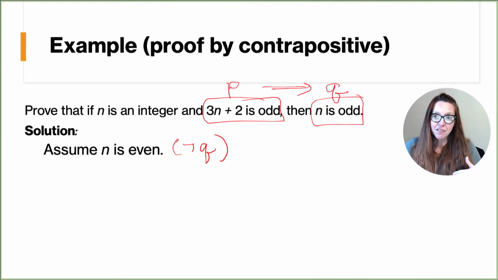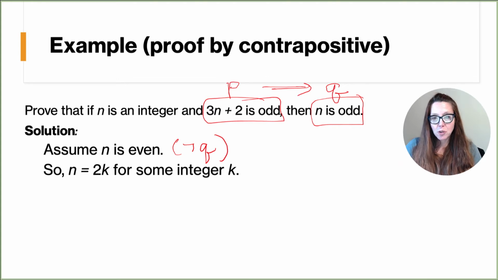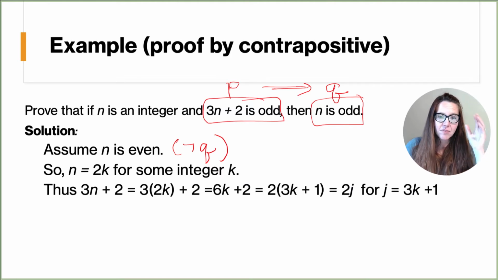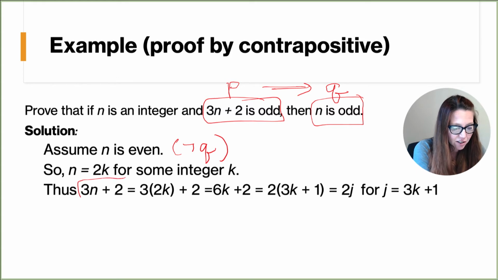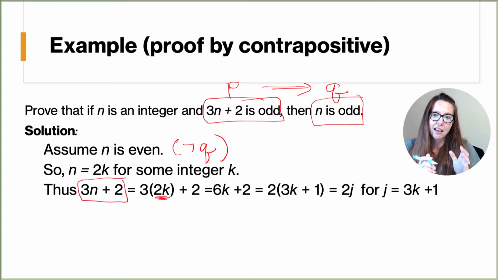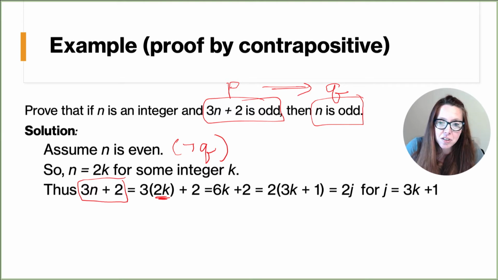So if n is even, then n is equal to 2k for some integer k, 2 times some other integer. But now, if that's the case, then I can stick that into 3n plus 2. And what happens is that we've got 3 times 2k plus 2. That's 6k plus 2.